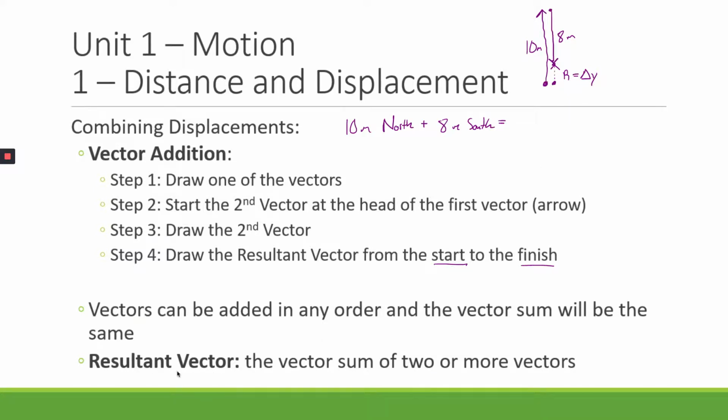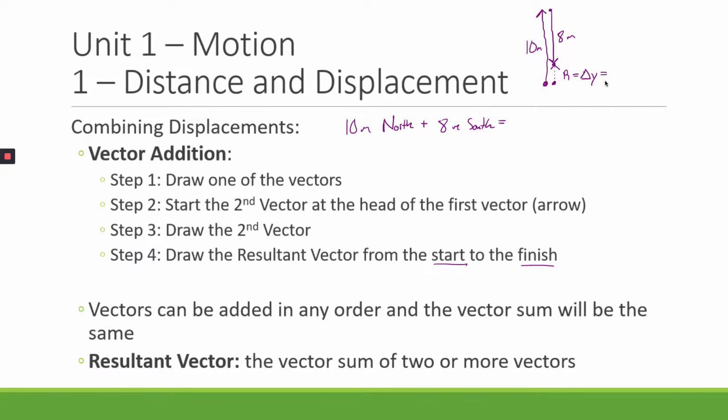Because anytime you add two or more vectors together, the vector sum is going to be called a resultant vector. So this little vector is the resultant vector. In math, you'll call it a resultant vector. In physics, you'll probably just call it your delta Y, which is fine.